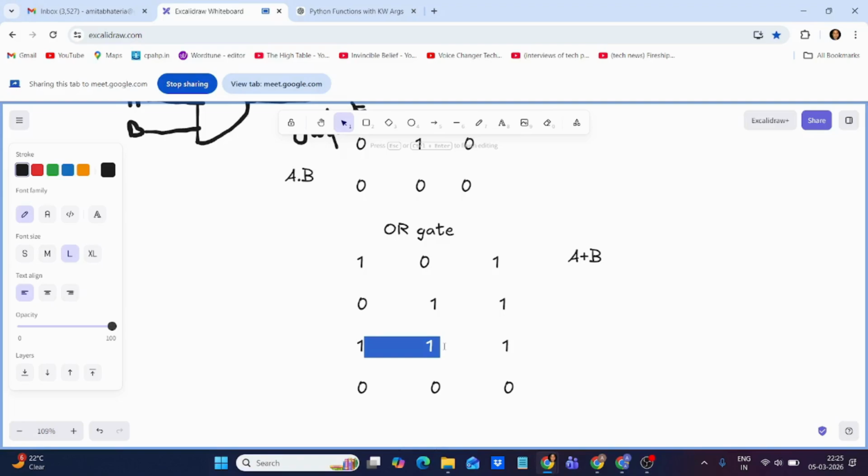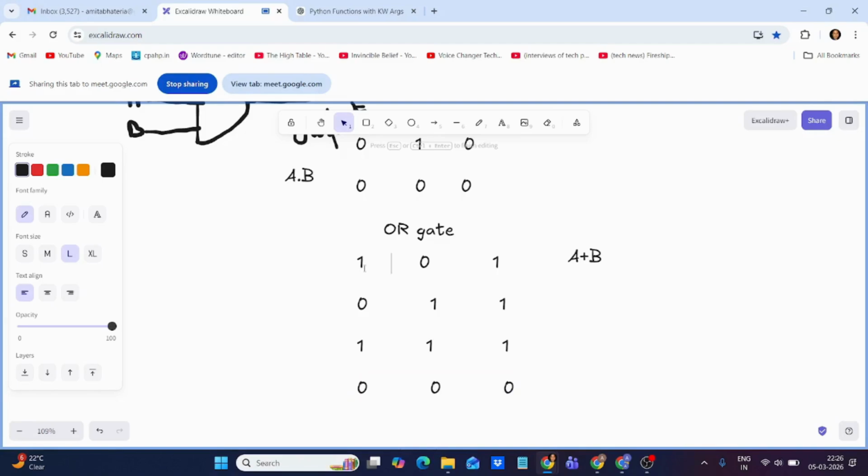So instead of 2, we write 1. So 1 plus 1 will be 1. And 0 plus 0 will be 0, right? So this is the Boolean table for the OR gate.